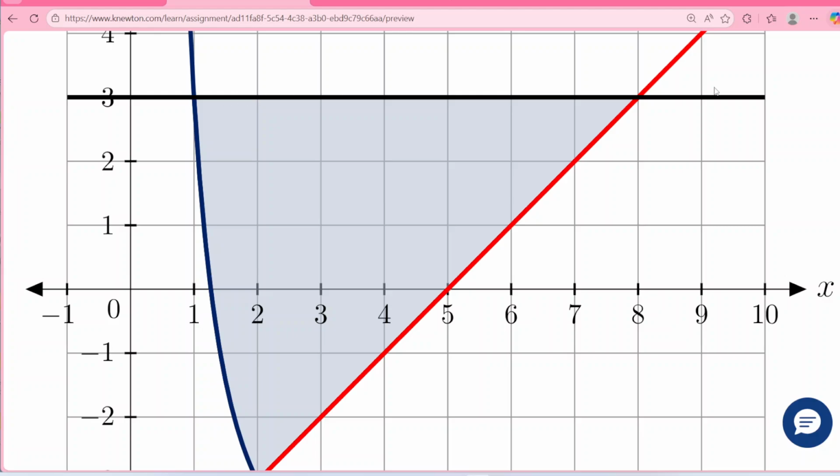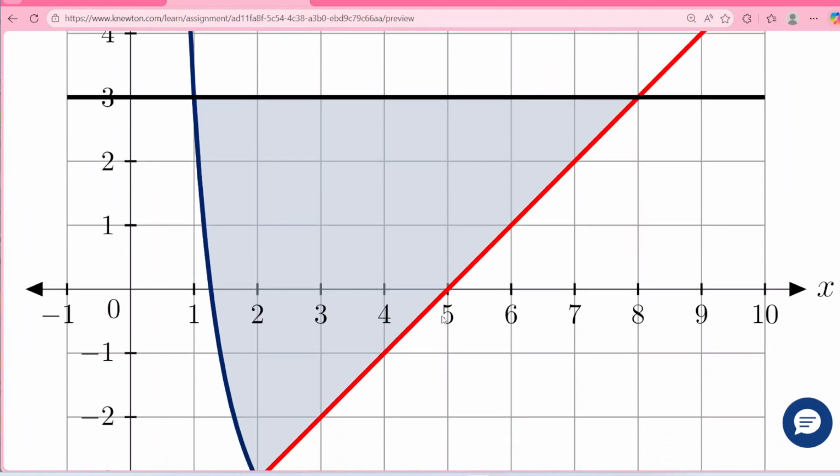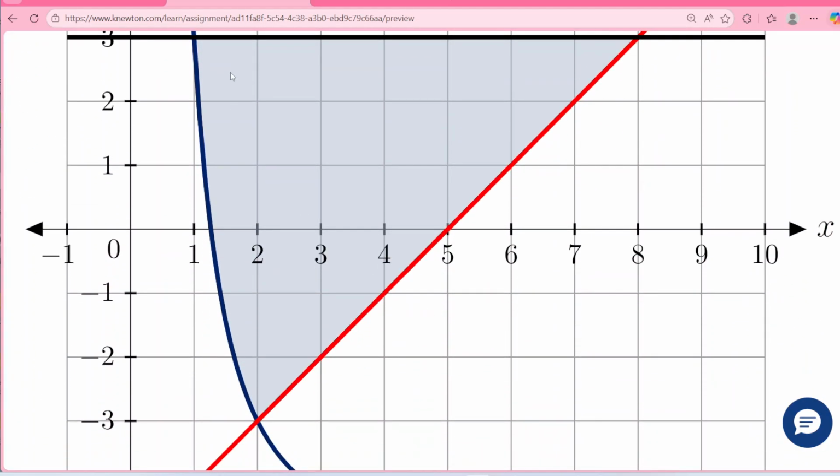So we got the integral from 1 to 8. We're going to start off from 1 to 2, do 3 minus f, integrate that. And then from 2 to 8, got 3 minus g, and integrate that. But that's just a triangle. So I'm just going to do the 3 minus f integral from 1 to 2.